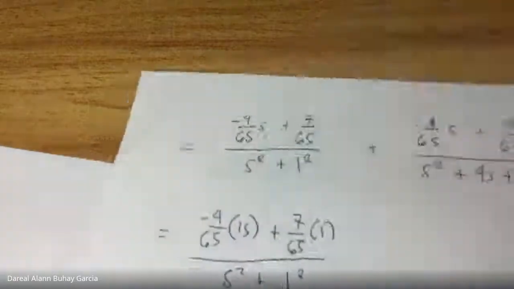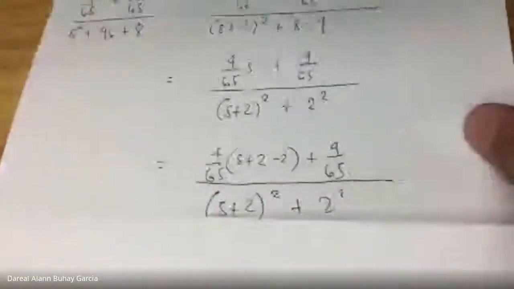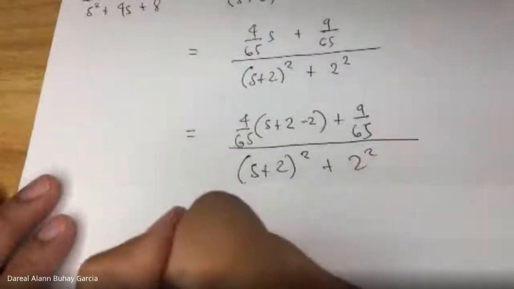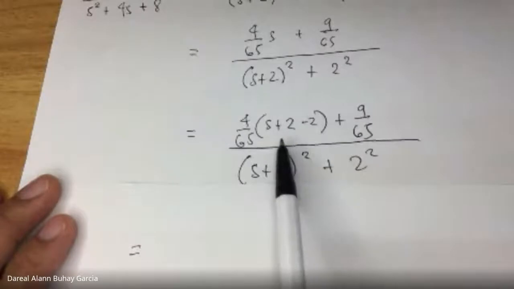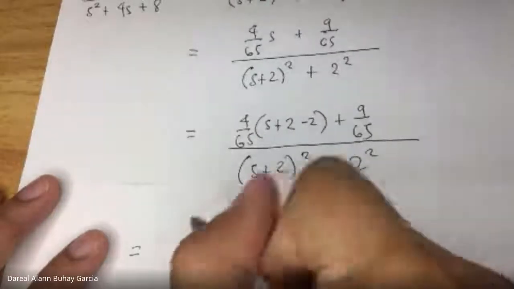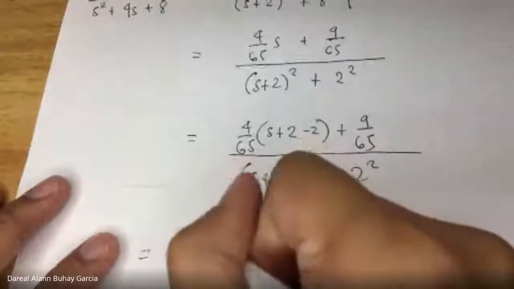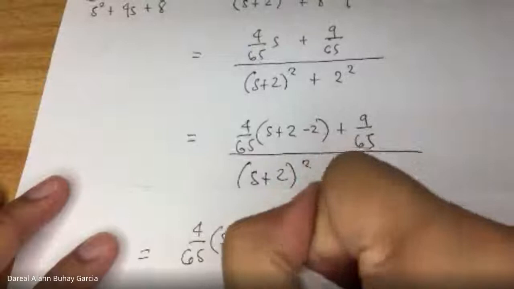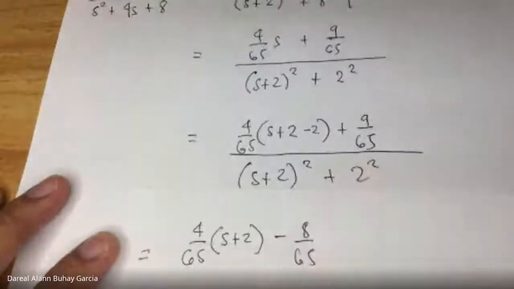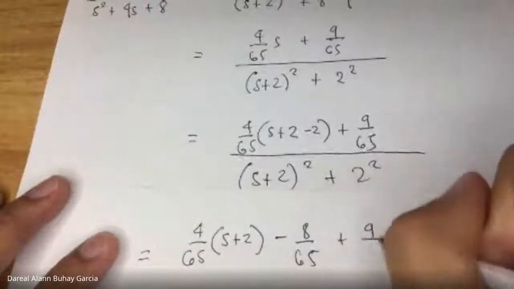Let me distribute this: 4 over 65 times S plus 2, minus 8 over 65, plus 9 over 65.